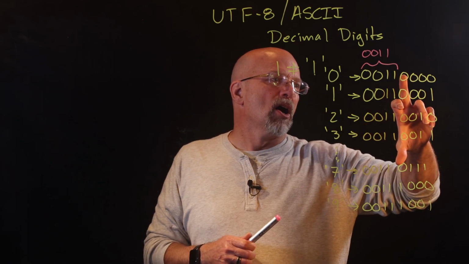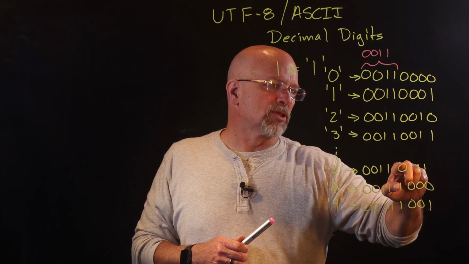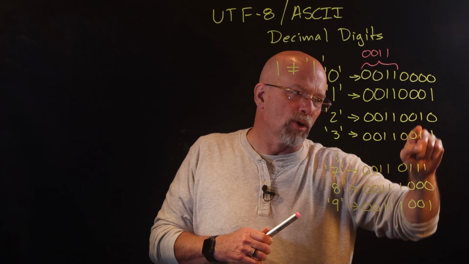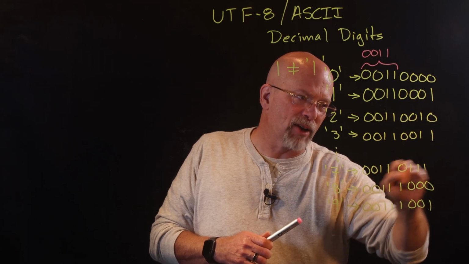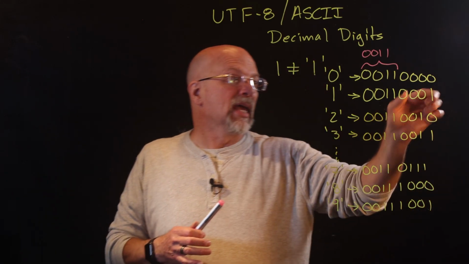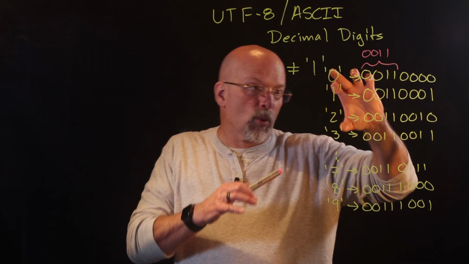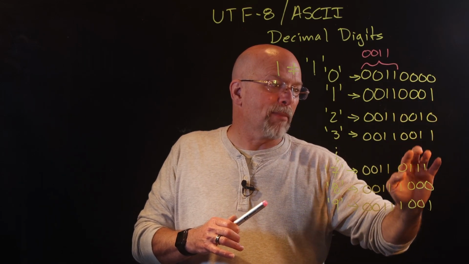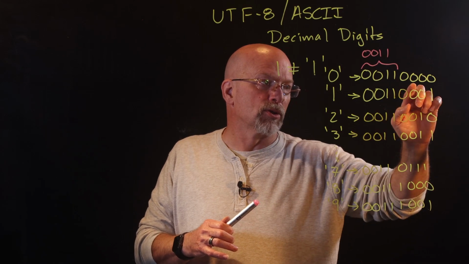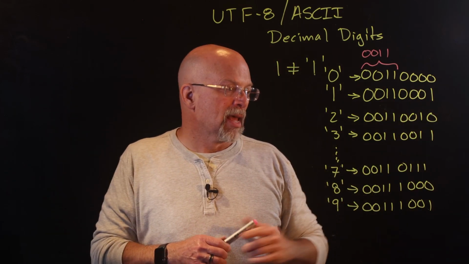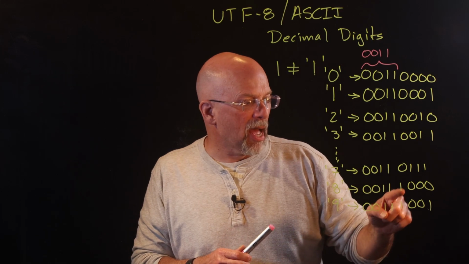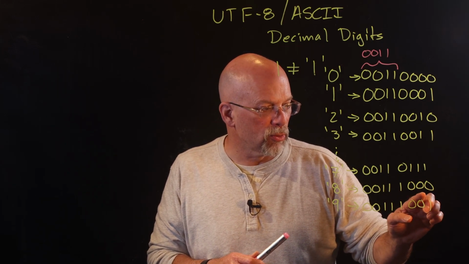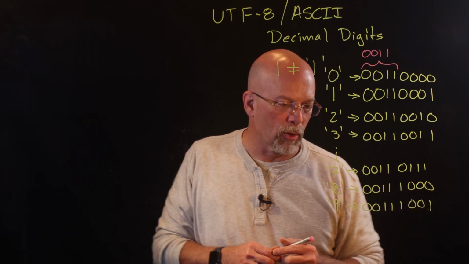For example, all of these that start with 0, we could group together, looking at these patterns of 1s and 0s, which, by the way, there'll be 3 digits for 0 through 7. There'll be 3 digits that will go through every possible combination of 1s and 0s. Then we also have 8 and 9, which have a 1 in this position, followed by 2 zeros, followed by either a 0 or a 1.